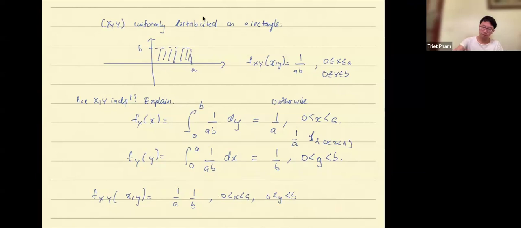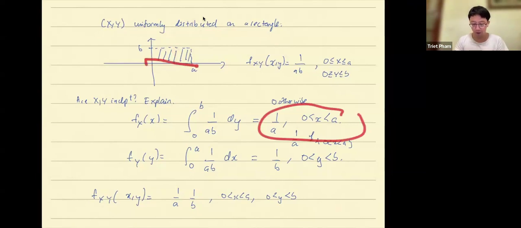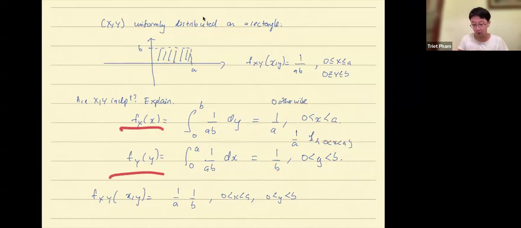Any question? Now notice, what's more is jointly uniform on a rectangle means that individually, marginally, each of them is also uniform from 0 to A and 0 to B. Okay, so marginals are uniform.